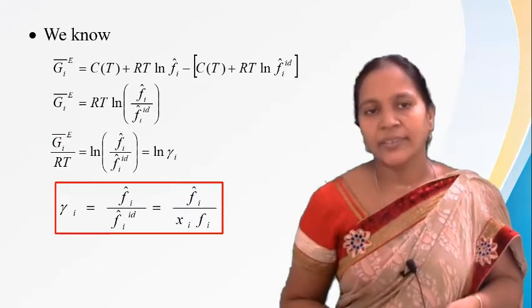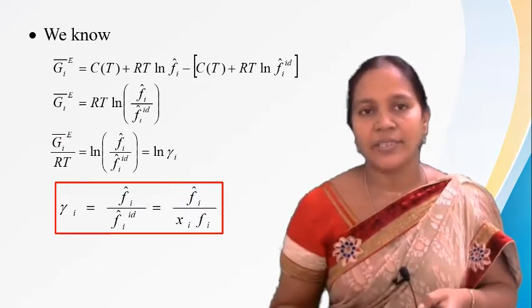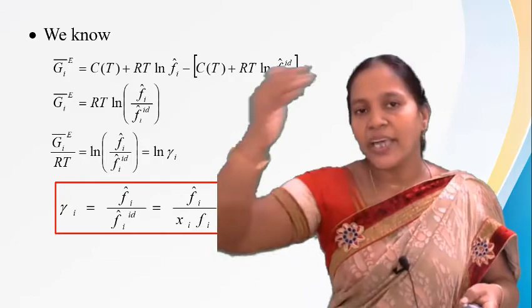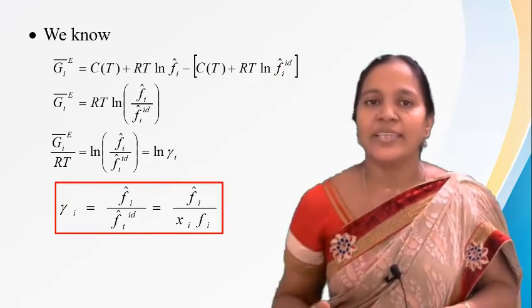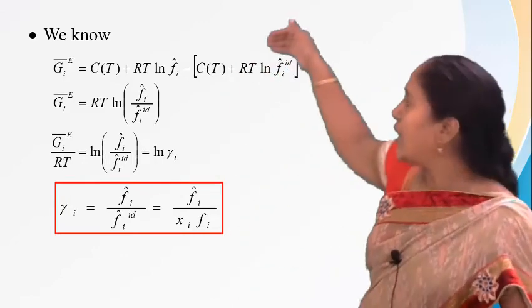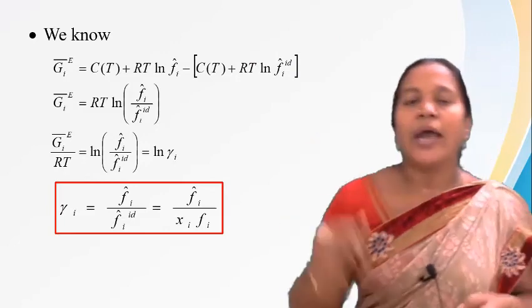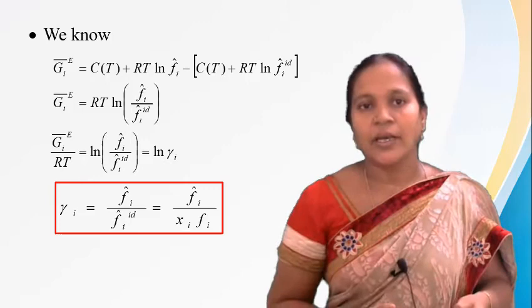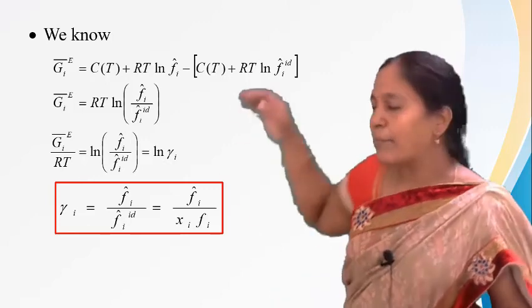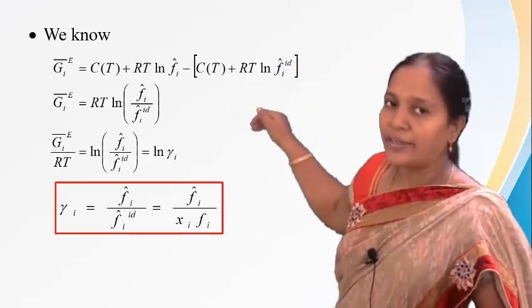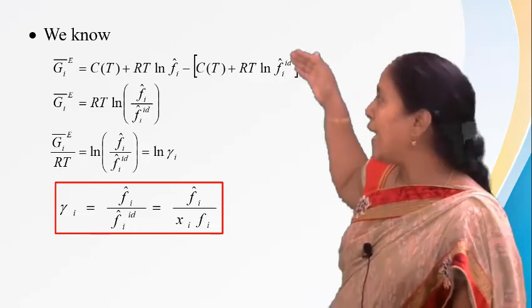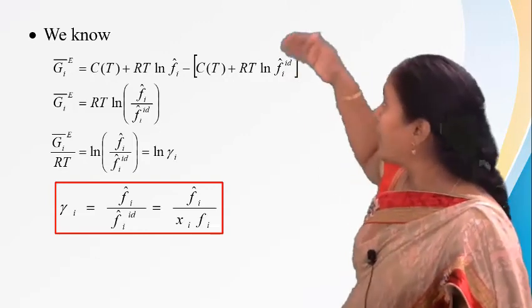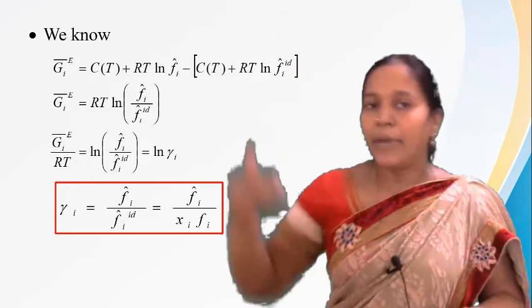We know that G bar i E is equal to C of T plus RT ln Fi cap minus (C of T plus RT ln Fi cap ID). Therefore, G bar i E is equal to RT ln (Fi cap by Fi cap ID). This is in the form of ln A minus ln B, which we write in the form of ln (A by B).